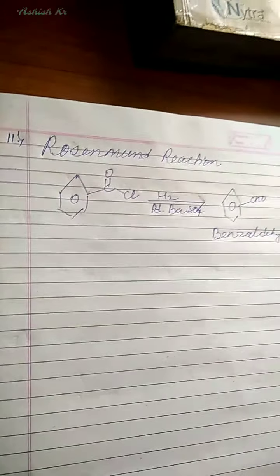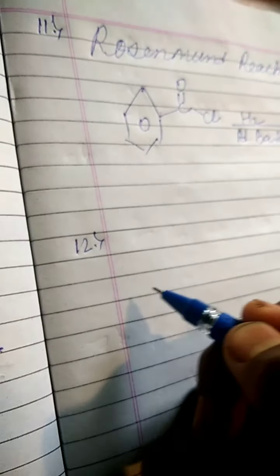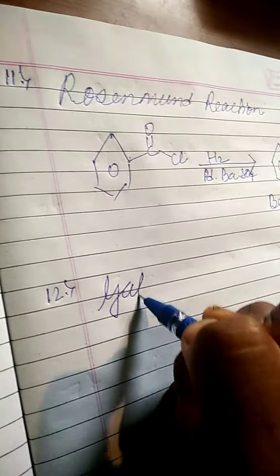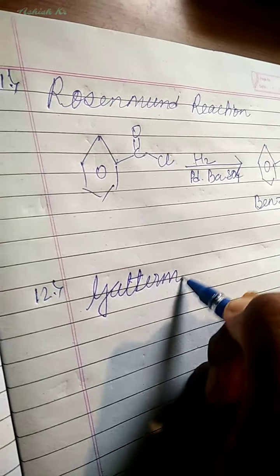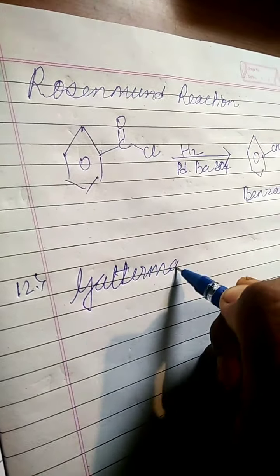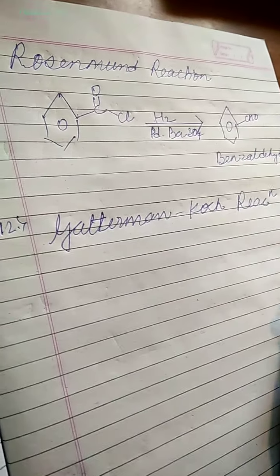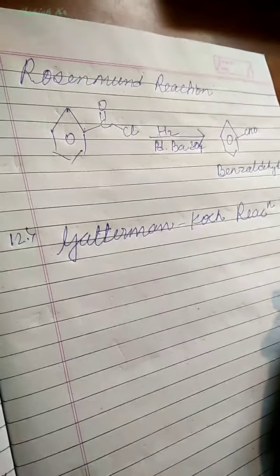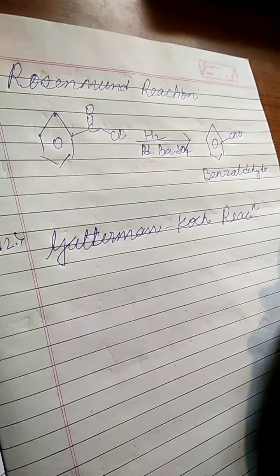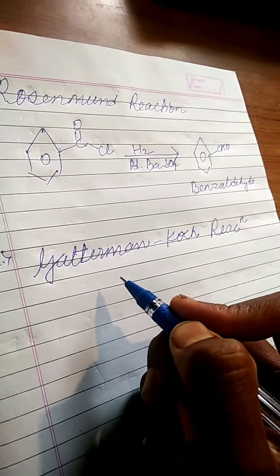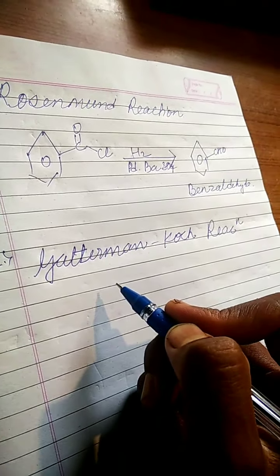So our next reaction is Gattermann-Koch reaction. In the Gattermann-Koch reaction, benzene is reacted with carbon monoxide. So we take benzene.